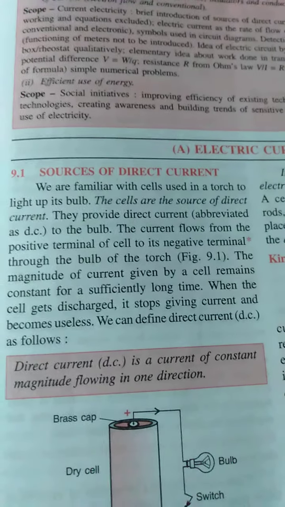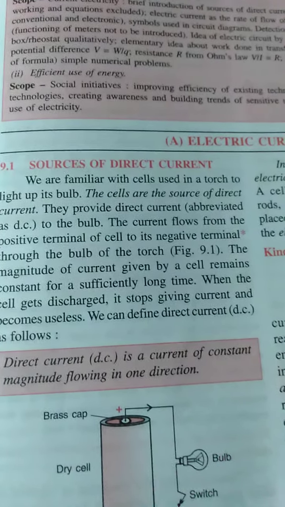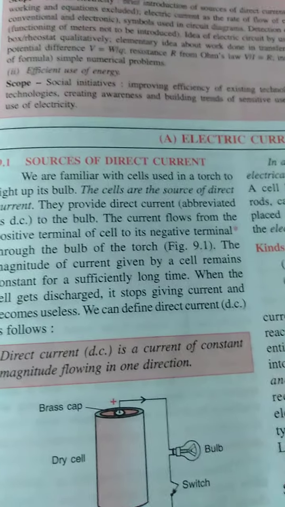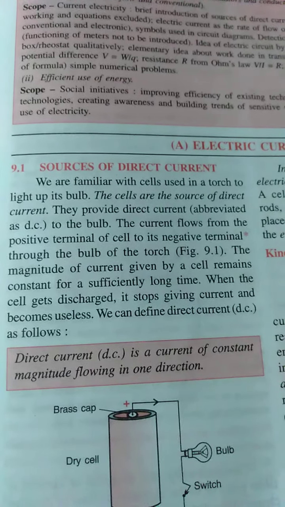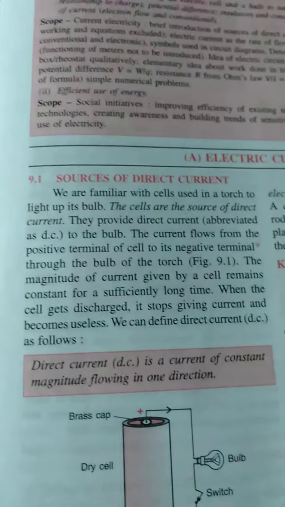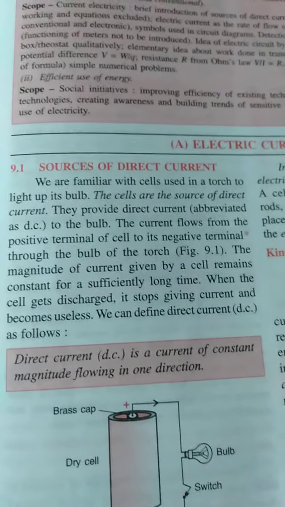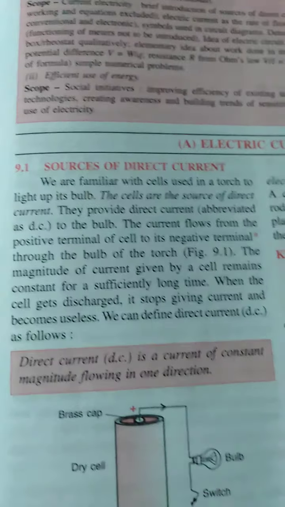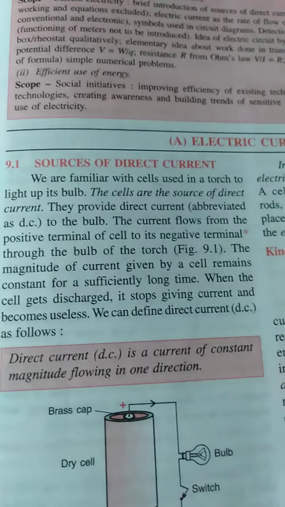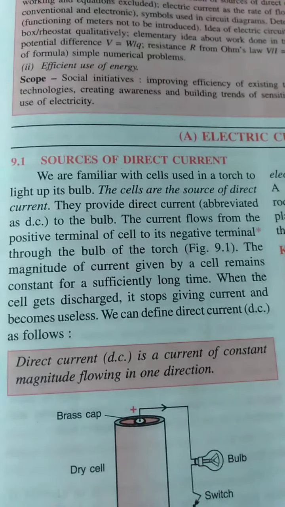Now what is the difference? Let me tell you. DC is a current whose magnitude, whose EMF, does not change. It remains almost constant for a fairly long time. But as we will study in the next class, in the alternating current, the magnitude and the EMF constantly change.